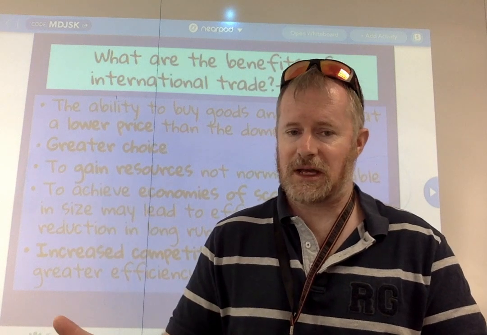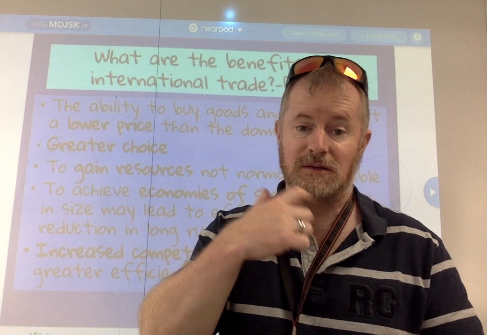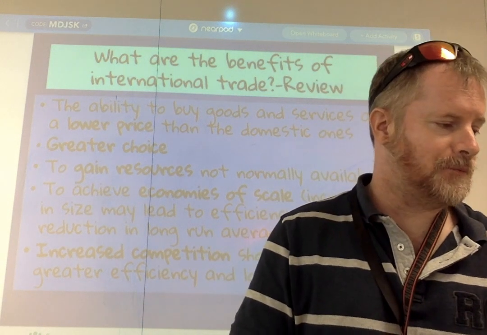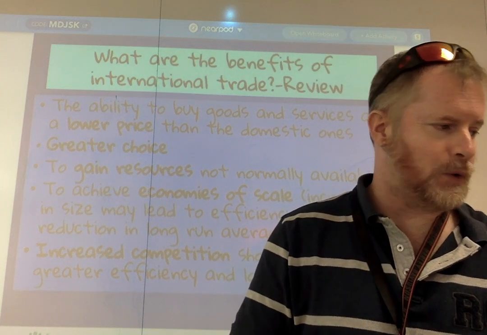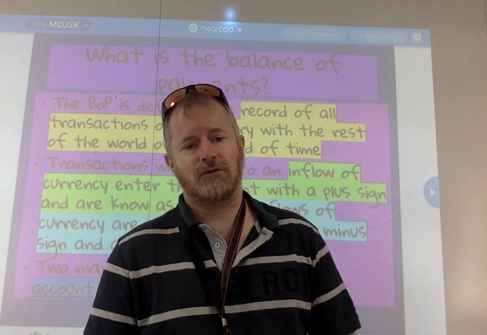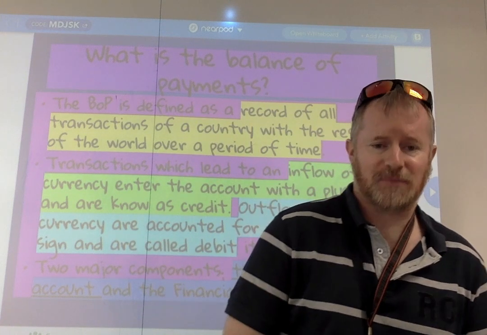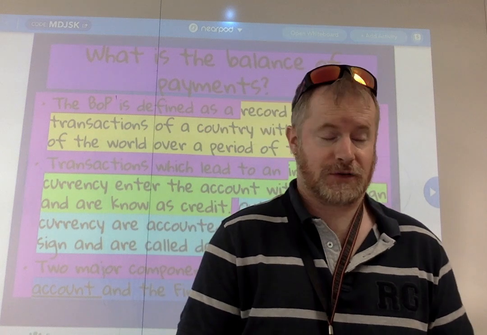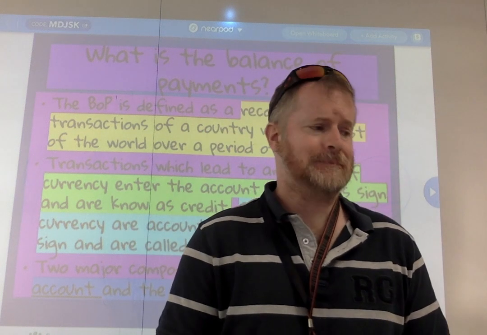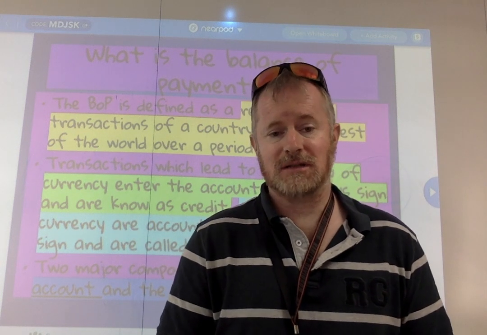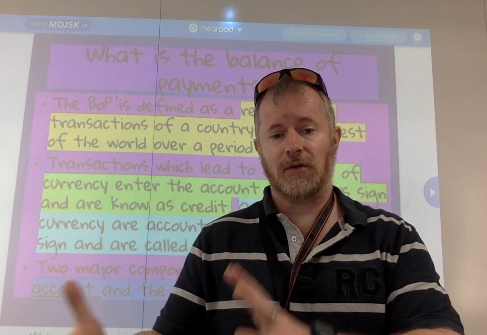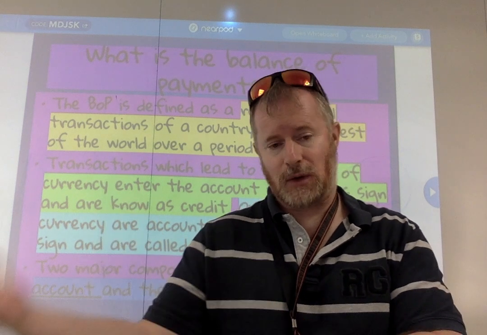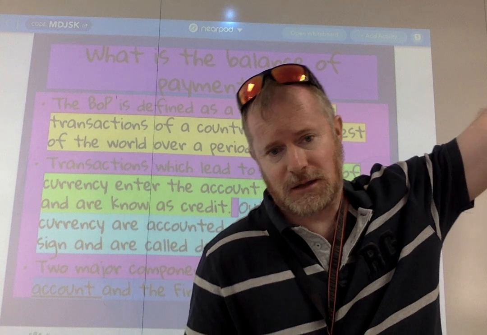And we've also looked at the other side. We've looked at some of the negative effects of international trade as well. But if we consider these as good points, then we need to refer to the balance of payments and figure out what it is and how it actually works. So, very quickly, the balance of payments is the record of all of the financial transactions between one country and the rest.